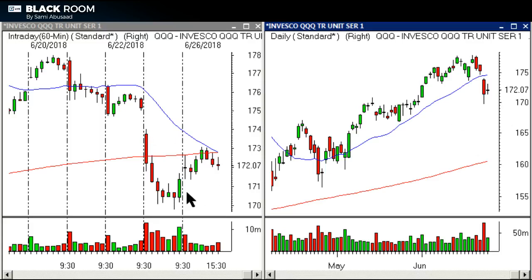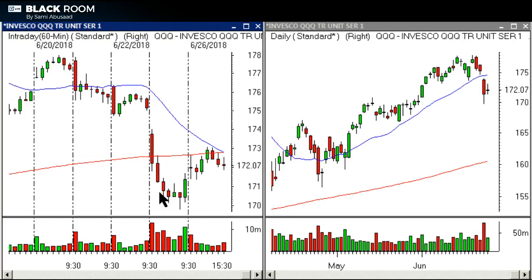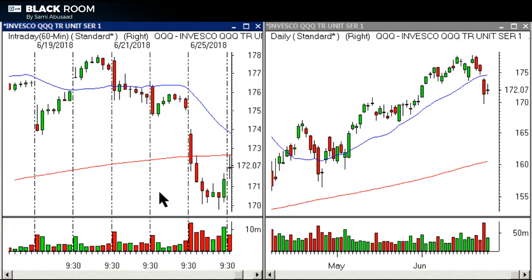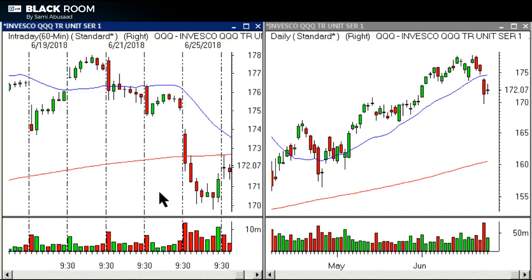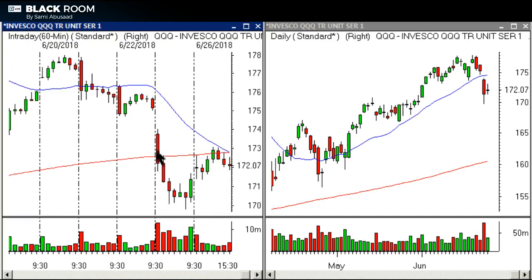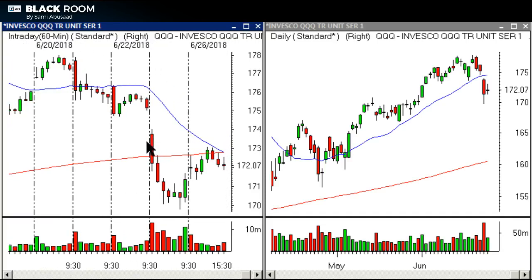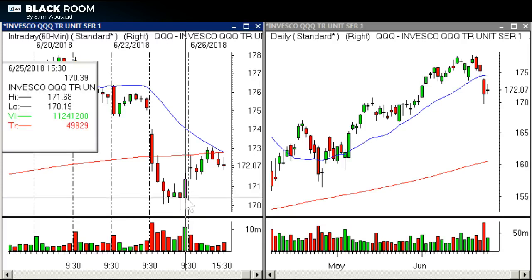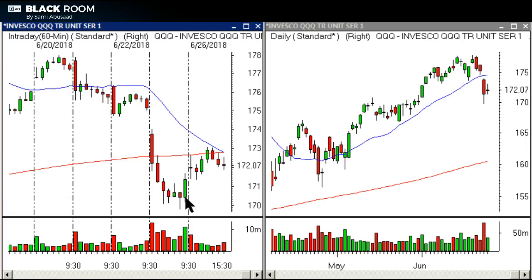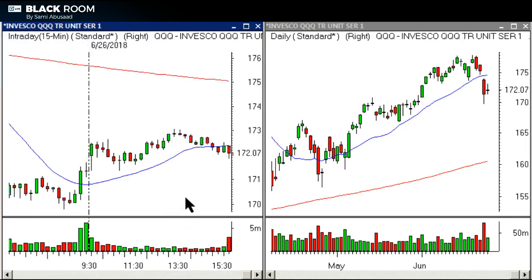Before we talk about multiple time frames, there's another tip that I can share with you, and I went over this in the black room this morning. If you have a strong unidirectional move all day into the close, and at the close you get a reversal, this is the hourly chart, I can show you, maybe the 15 would be clearer.